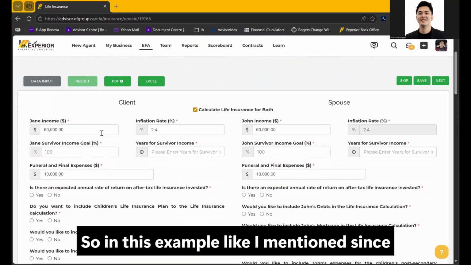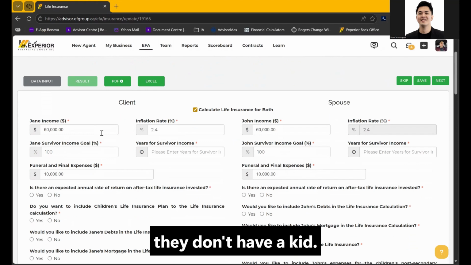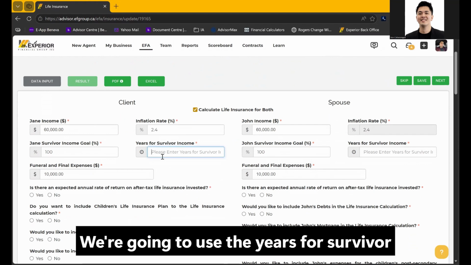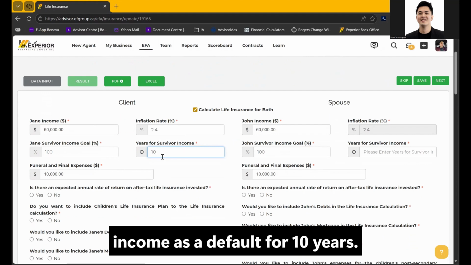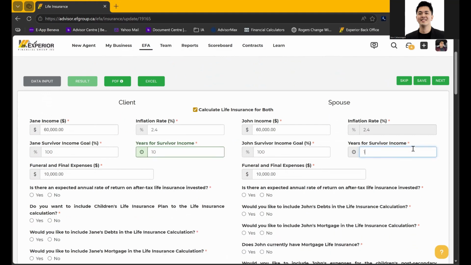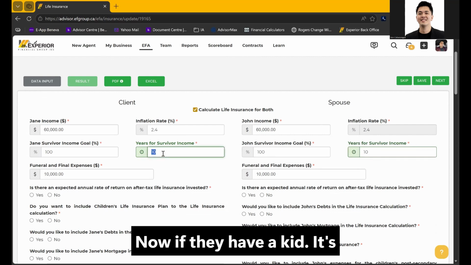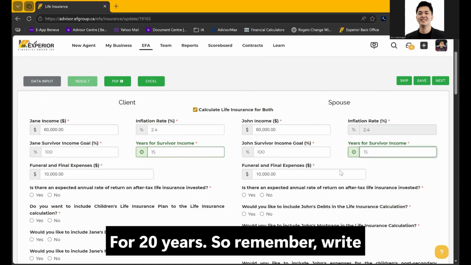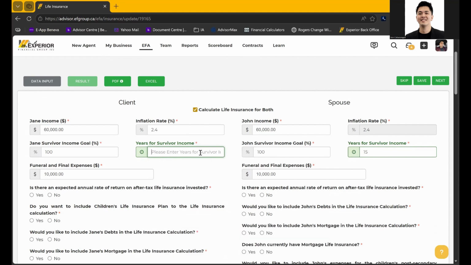So in this example, like I mentioned, since they don't have a kid, we're going to use the years for survivor income as a default for 10 years. Okay. Now, if they have a kid, it's usually around 15 or 20 years. So remember, write this down, everyone.